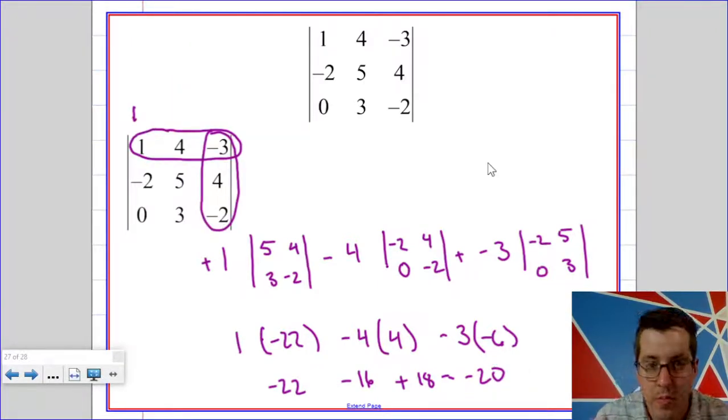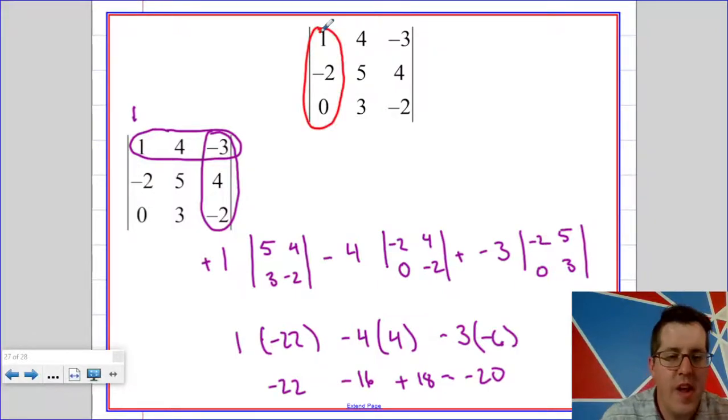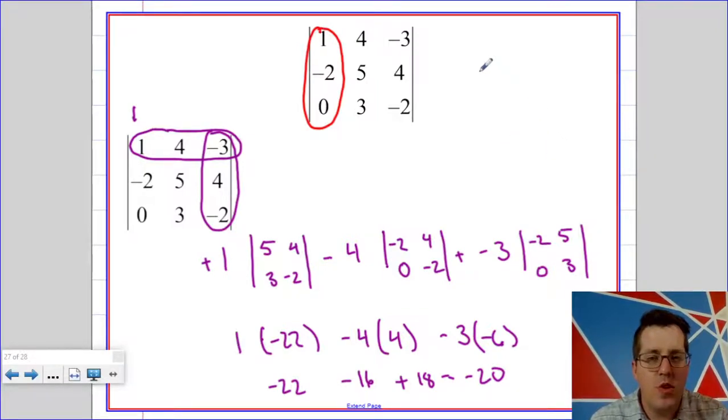Now, I want to show you the power of using this method. And the power of using this method is that you can choose which row to use or even which column to use. So now I'm going to expand along the first column. The reason I would choose this is because now my elements are going to be 1, -2, and 0, which means I'm not even going to have to do a calculation here.